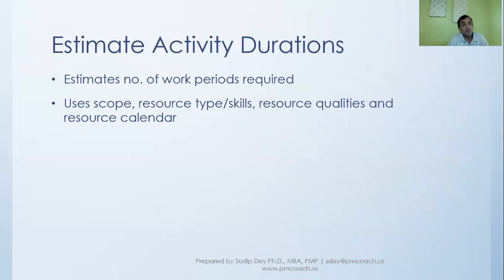For example, if this particular team member is going on vacation, then the resource calendar for that team member will capture that. We should be careful not to assume that this person is available during that period, because that person is going on vacation.